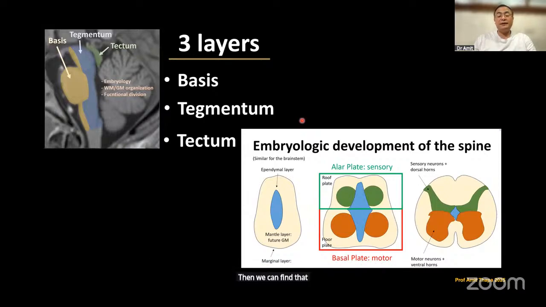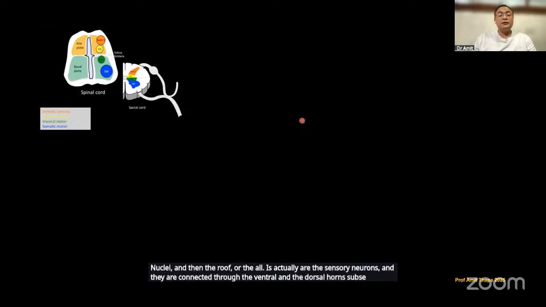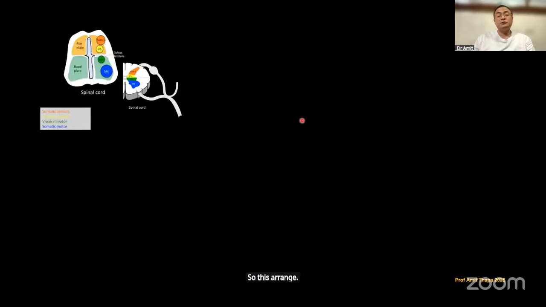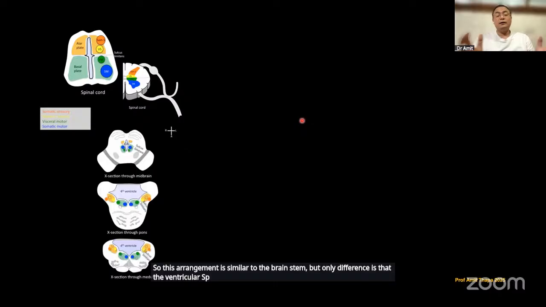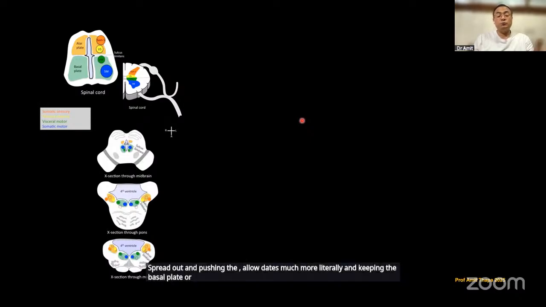Now, embryologically, if we compare it with the spinal cord development, then we can find that the floor, or the basal plate, is actually the motor nuclei, and the roof, or the alar plate, is actually the sensory neurons, and they are connected through the ventral and the dorsal horns subsequently. This arrangement is similar in the brainstem, but the only difference is that the ventricular space gets spread out, pushing the alar plates much more laterally and keeping the basal plate, or the motor nuclei, much more medially.